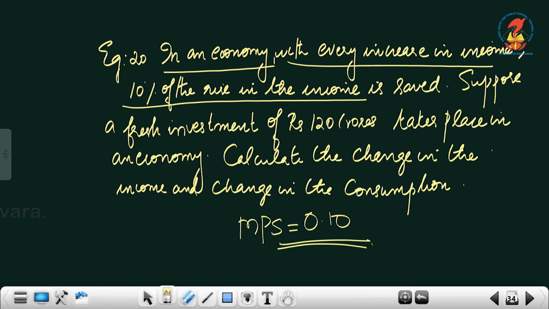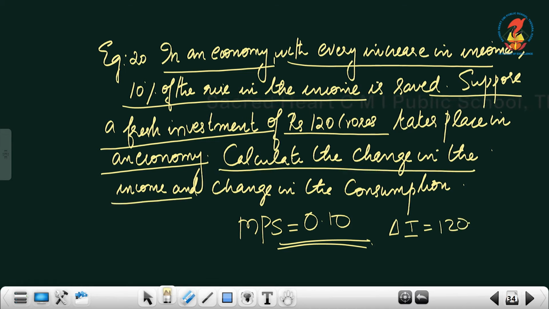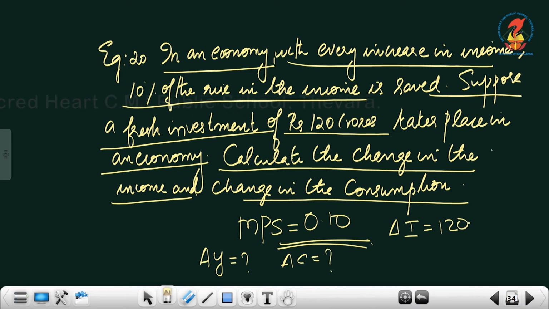Now, what is the next information given here? Suppose a fresh investment of rupees 120 crores takes place in an economy. That means delta I, investment is given here as 120 crores. Calculate the change in the income and change in consumption. What you are asked to find out? Calculate change in the income and change in the consumption.